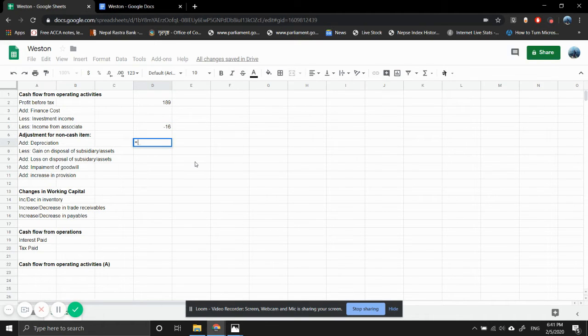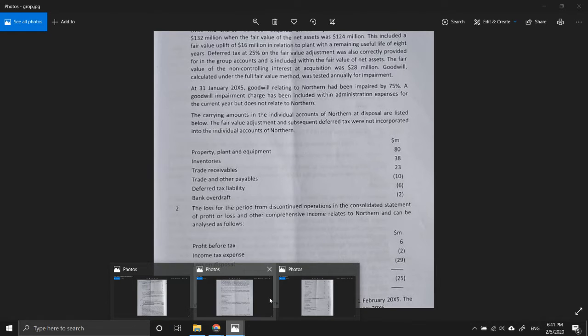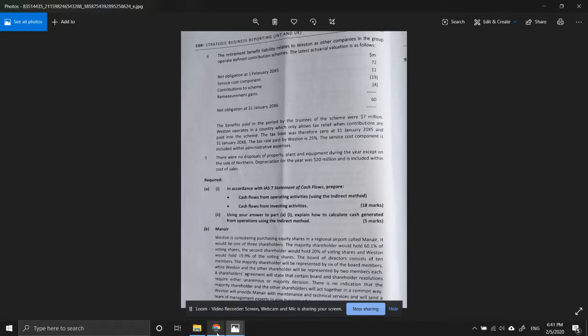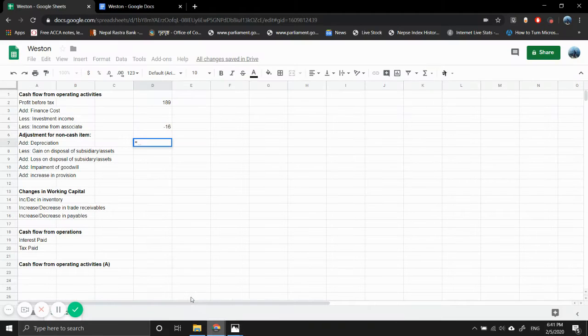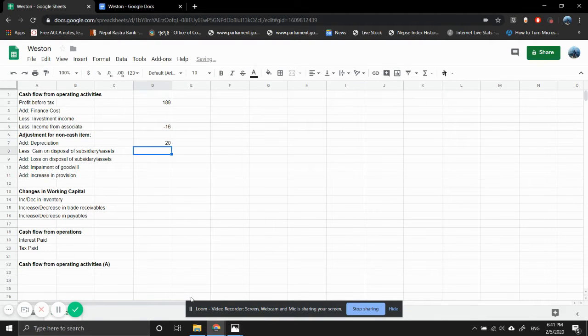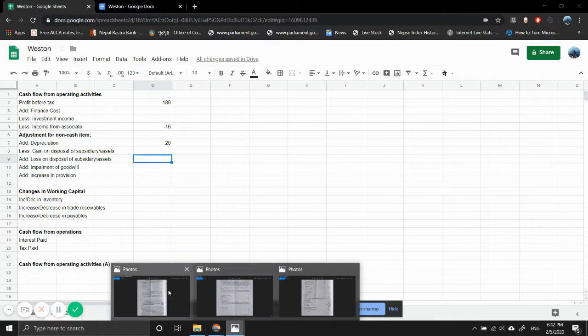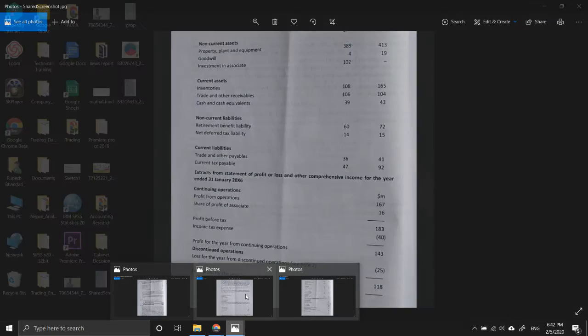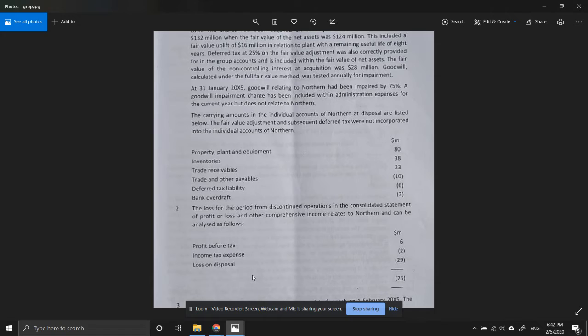Depreciation, we do have depreciation, which is 20, added over here. Gain or loss on subsidiary is not there. Loss on disposal is already there, loss on disposal 29, right?